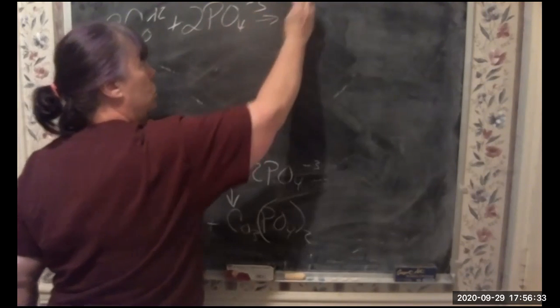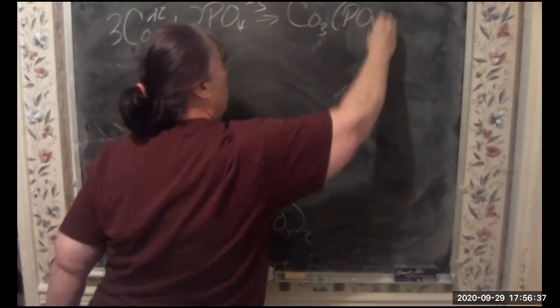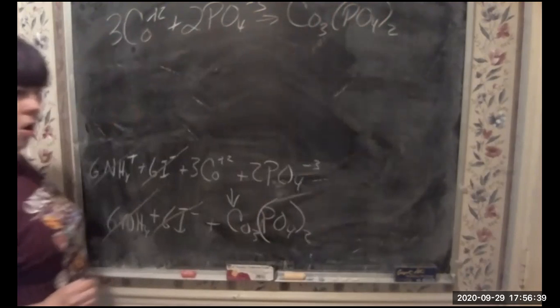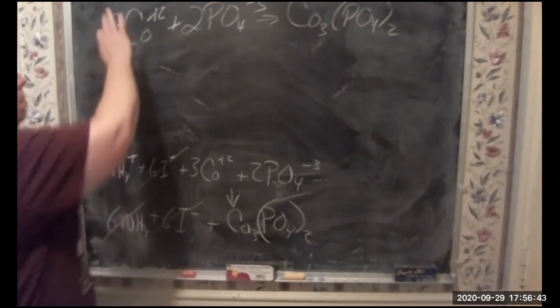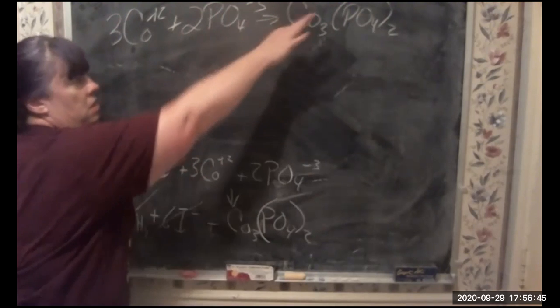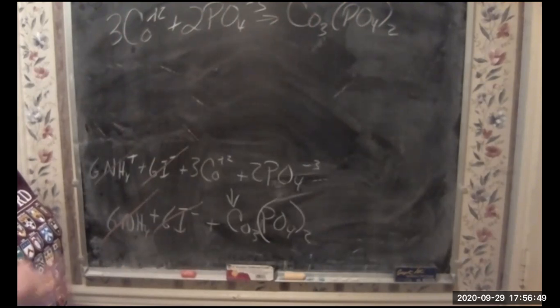And then you only have a single item over there on the right-hand side, and it gives you your pattern. Positive thing, negative thing, solid. All the net ionics that we are seeing that actually made a solid precipitate only have a single product.